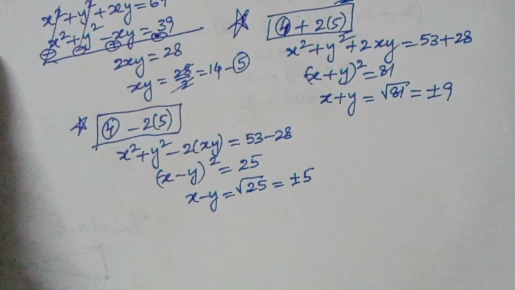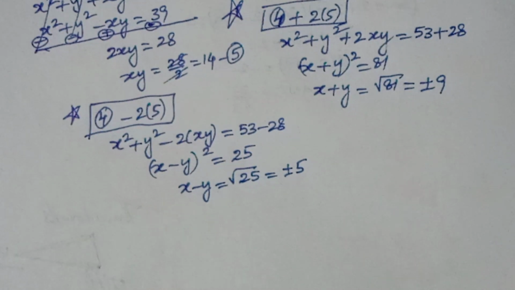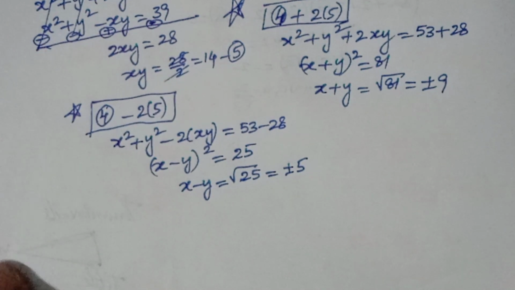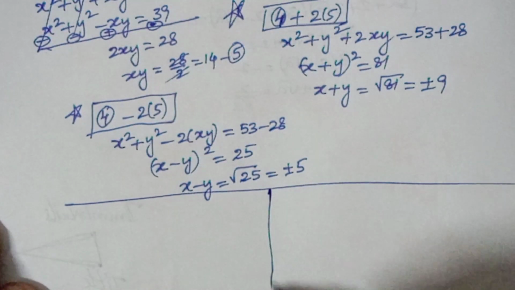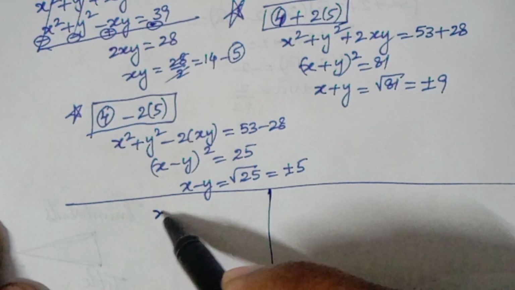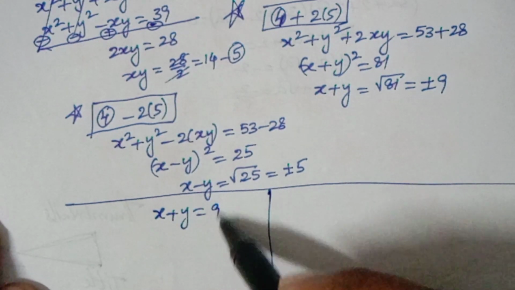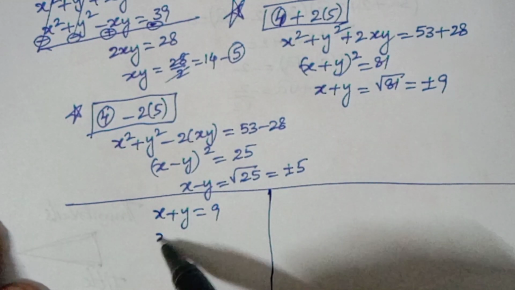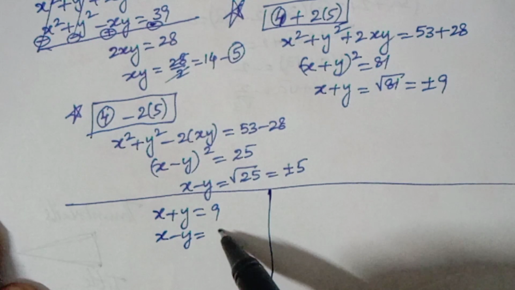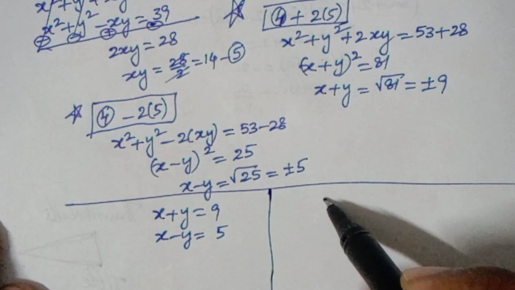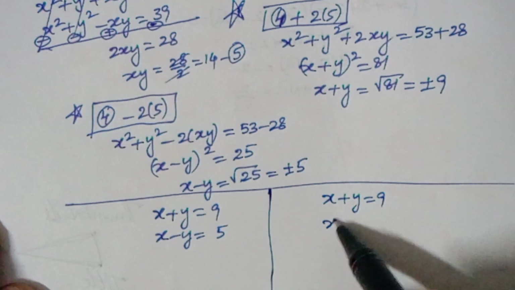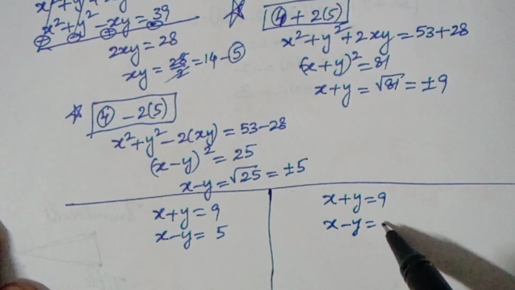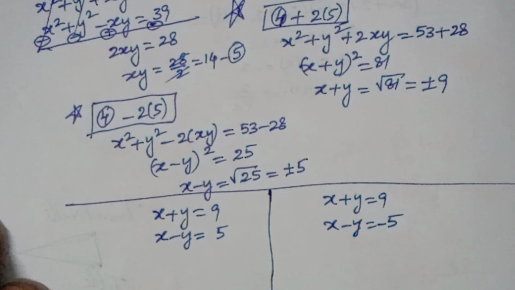Now our target is the x value and y value. So here we will get 4 combinations. First one: x + y is equal to 9 and x - y is equal to 5. Second one: x + y is equal to 9 and x - y is equal to minus 5.